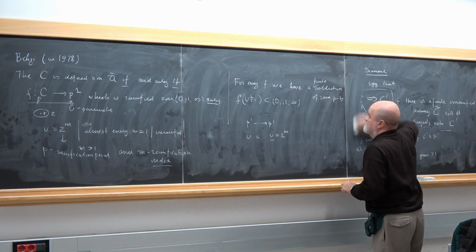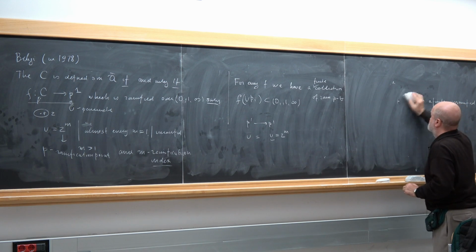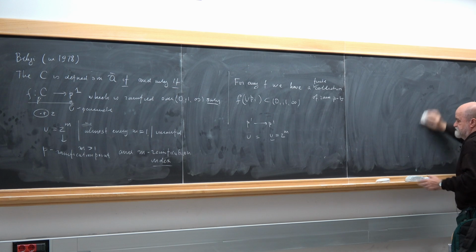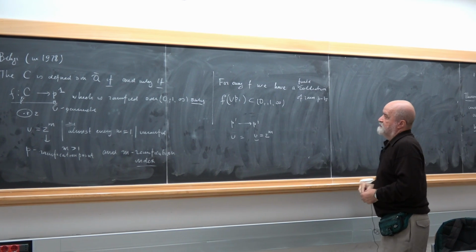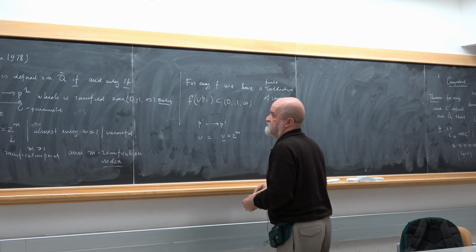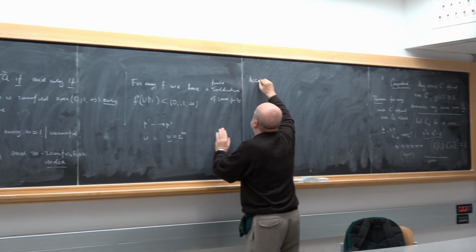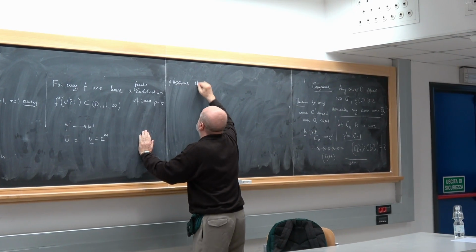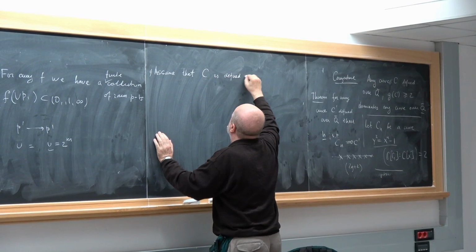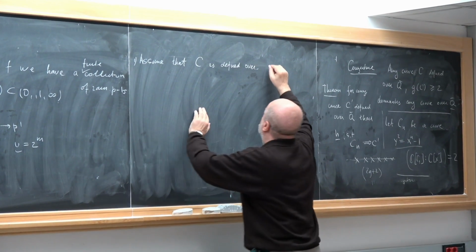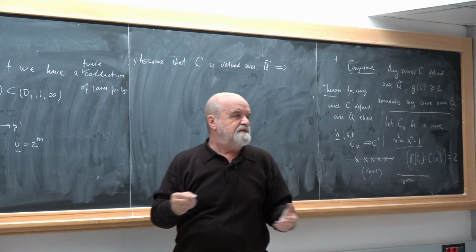Okay, so now I want to get a digest of the initial proof of Belyi. So let's assume that C is defined over Q bar. Then it is equivalent to the following simple statement. I won't even explain why.